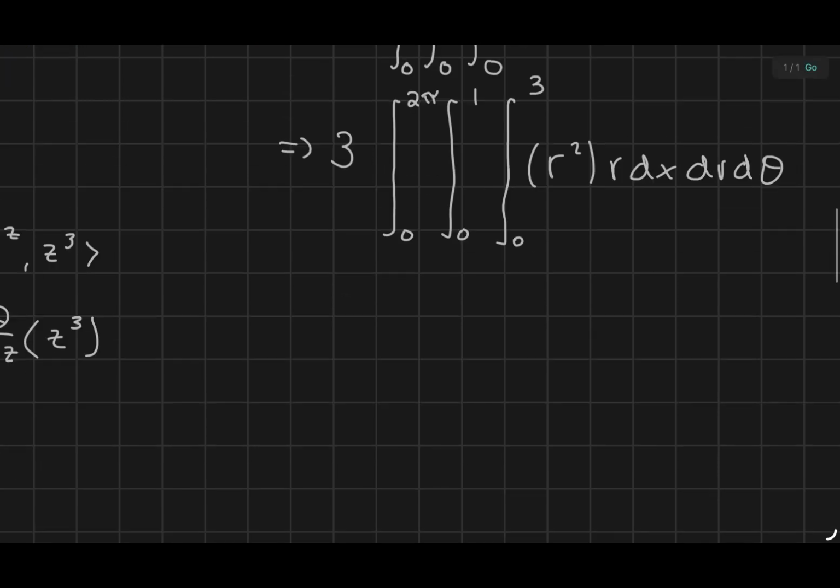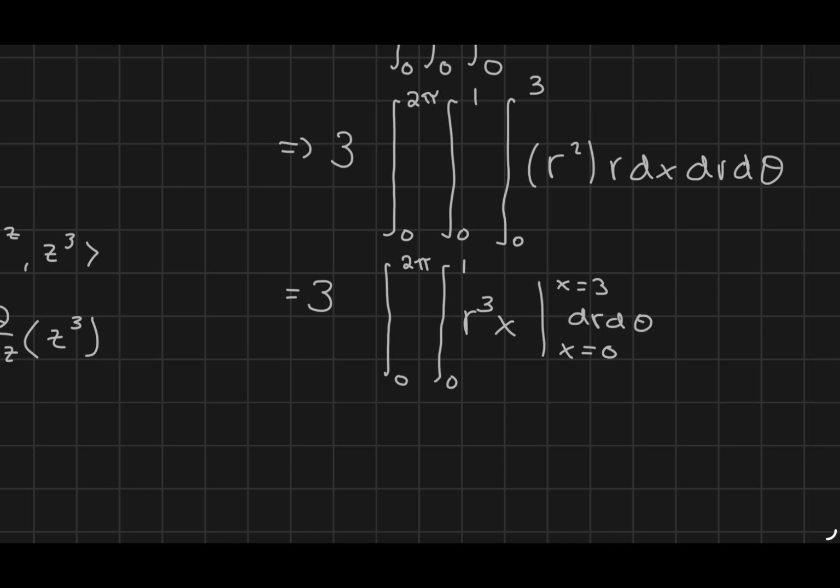Evaluating this integral now should be pretty easy. We're going to have 3 on the outside multiplied by the integral from 0 to 2 pi, the integral from 0 to 1. And then we're going to have r cubed. The integral of r cubed dx is going to be r cubed x, and then that x is going to be evaluated from 0 to 3.